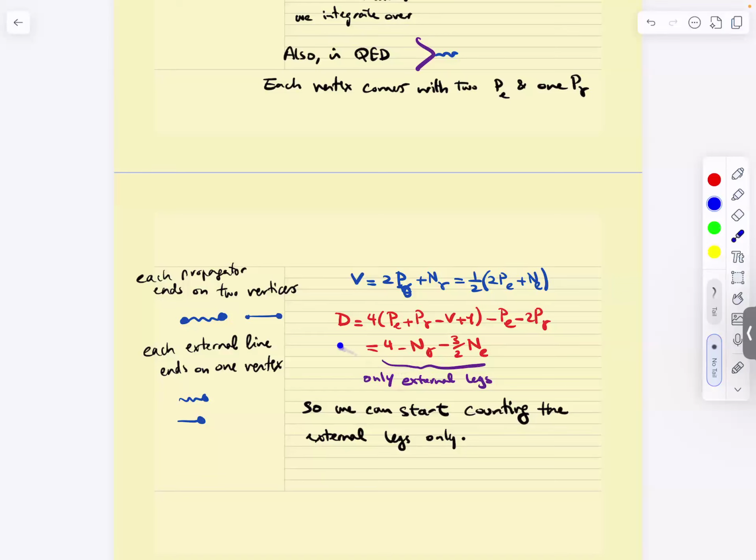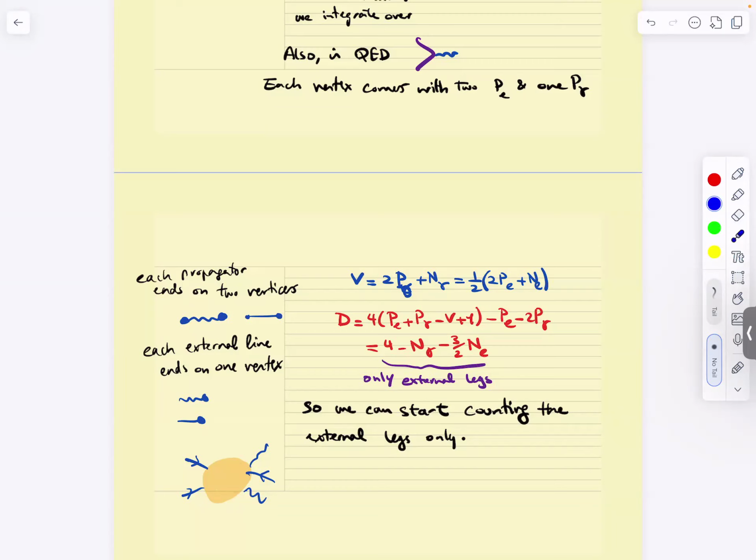So why is this formula nice? Because if you want to classify the Feynman diagrams in terms of their superficial degree of divergence, you can just view them in terms of their external legs. If you have a bunch of external legs like this, no matter what goes on inside the Feynman diagram, whatever Feynman diagram contributes to this process, they will have the same superficial degree of divergence.